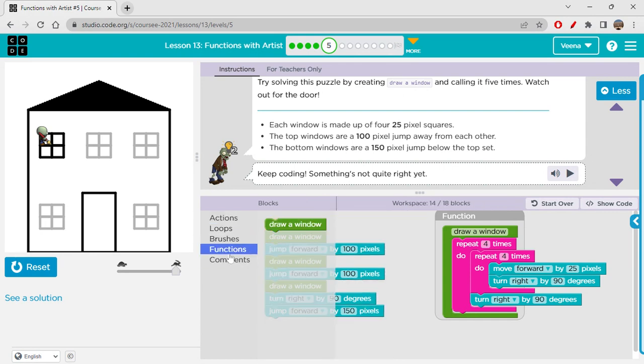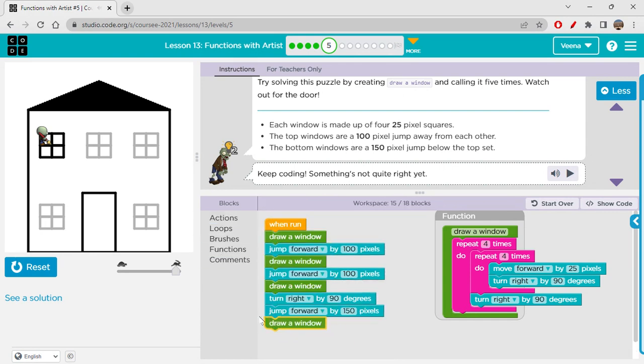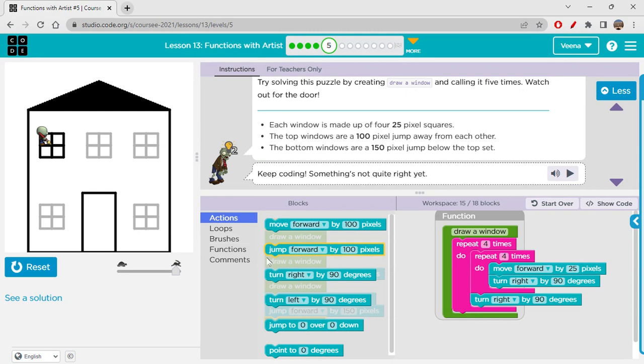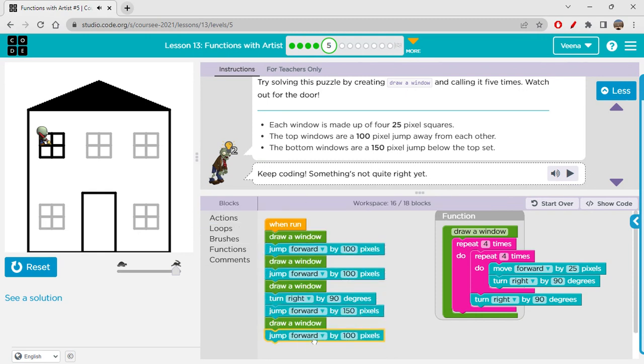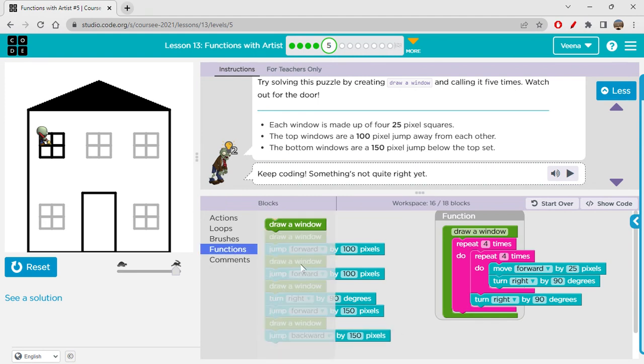To draw a window, we'll go to functions. Then from here, he has to jump backward till here. Let's jump backward by 150 pixels and draw a window.